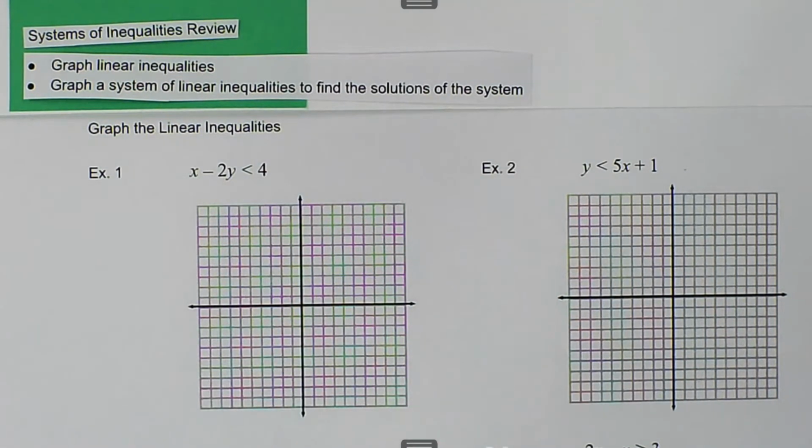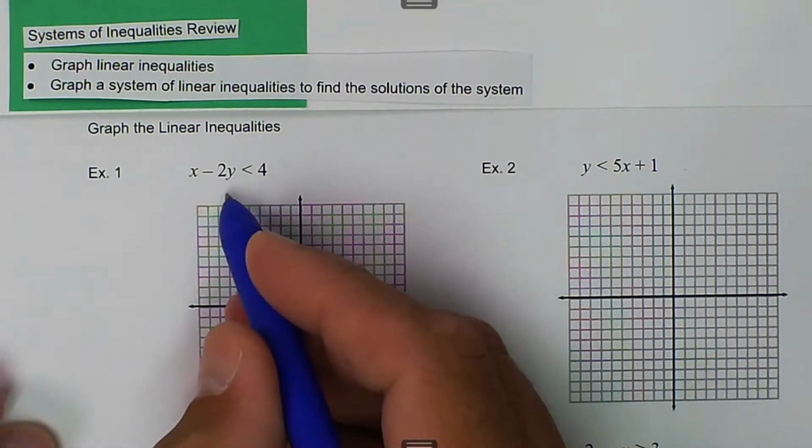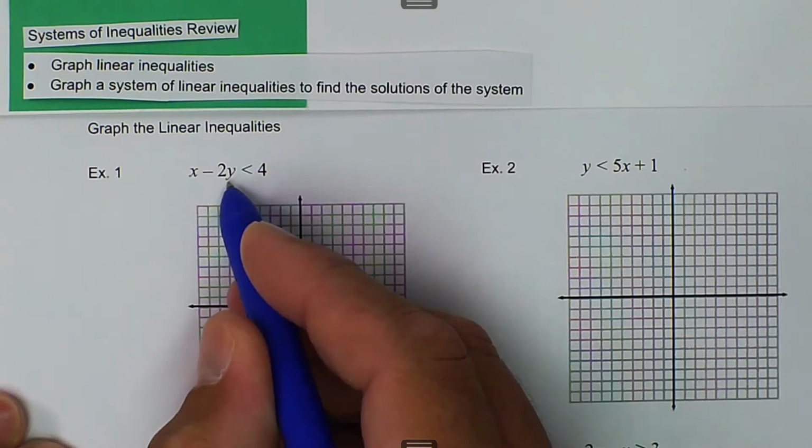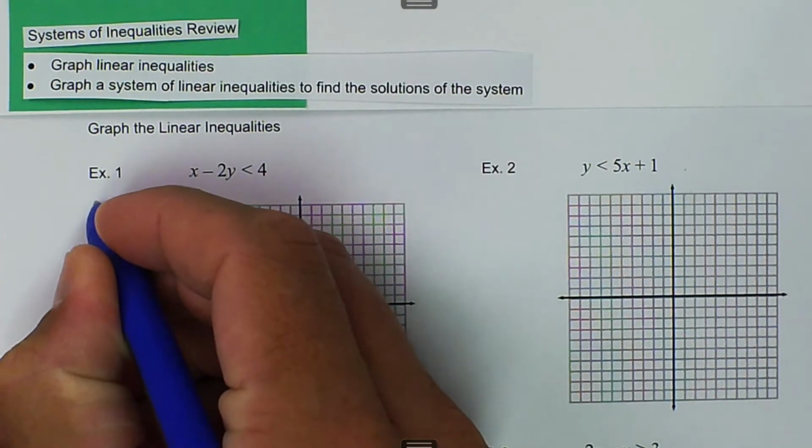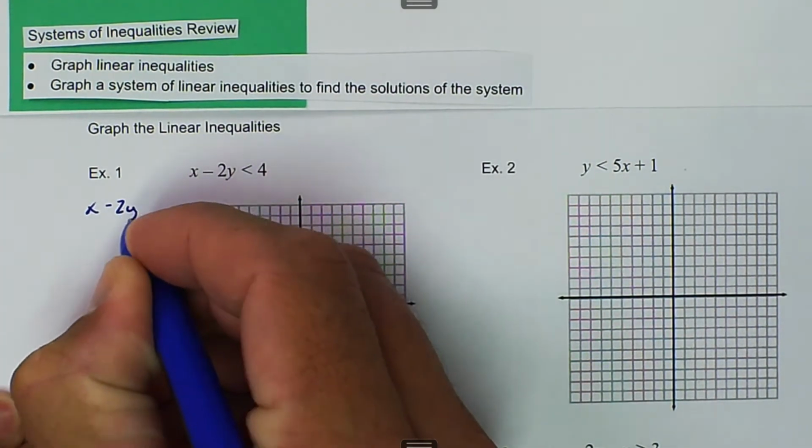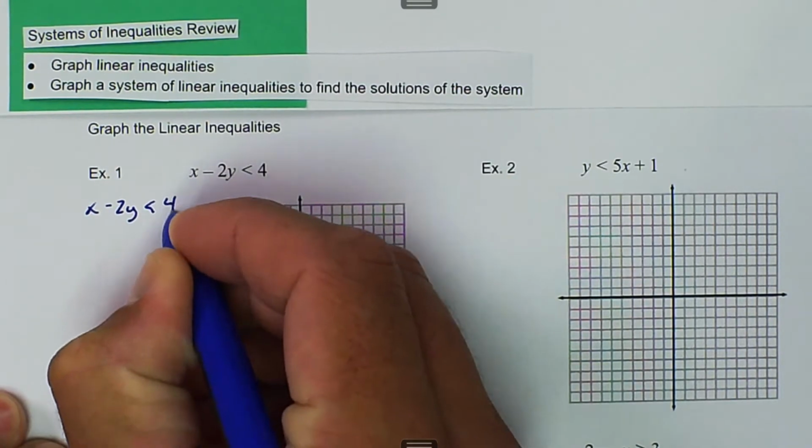We have x minus 2y is less than 4. And so the first thing is we want to get this into slope-intercept form. So what we want to do is get y by itself. So I'm going to rewrite it over here. x minus 2y is less than 4.